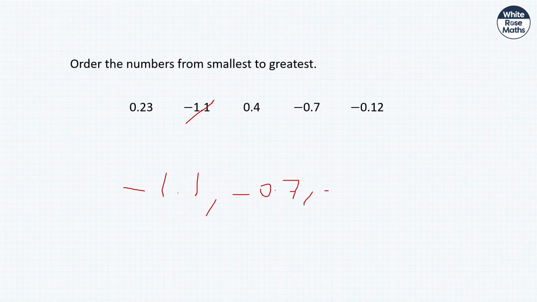So this is all looking at what we call our place values, because that's the same as saying minus 0.70, and that's 1.10, essentially. Then it'll be 0.23, then 0.4. Look at your tenths column and then compare your tenths column with each other part. So hopefully that makes sense.